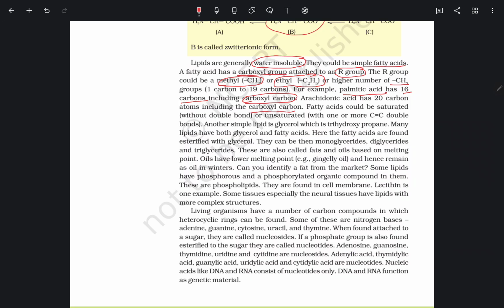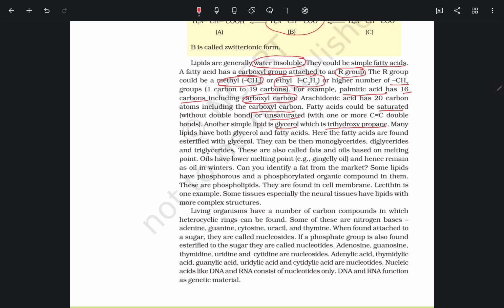Fatty acids could be saturated or unsaturated. Saturated means without a double bond, and unsaturated having one or more C=C double bonds. Another simple lipid is glycerol, which is trihydroxypropane.